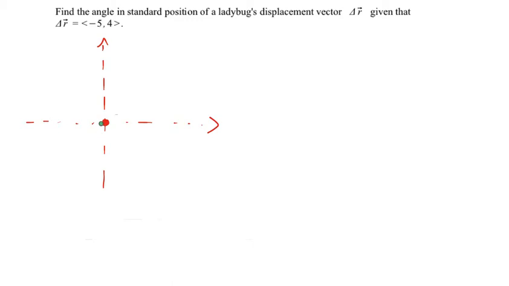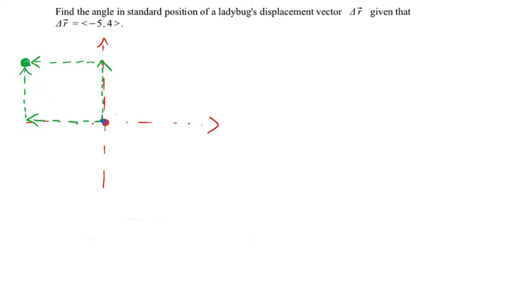We'll go to the left 5, and then we want to go up 4. That'll take us to the point -5, 4. Alternatively, we could have gone up first, 4, and then over to the left 5, and we still get to the same point.